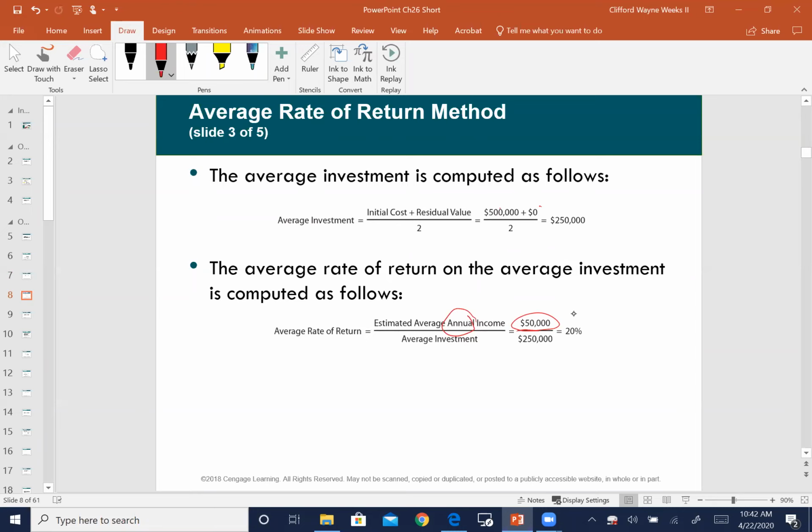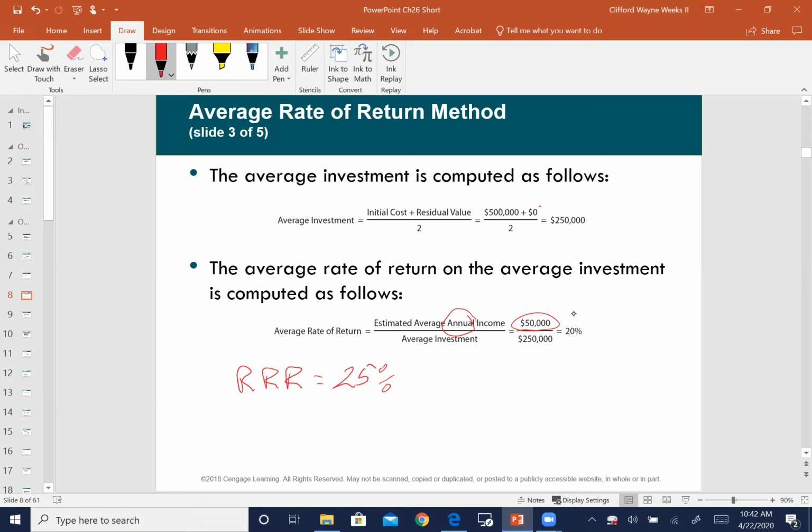So what do you guys think? Good? Bad? Indifferent? Coming up with that number really is not helping you with the decision unless you had what is referred to as a hurdle rate, or your required rate of return. Let's say your required rate of return equaled 25%.